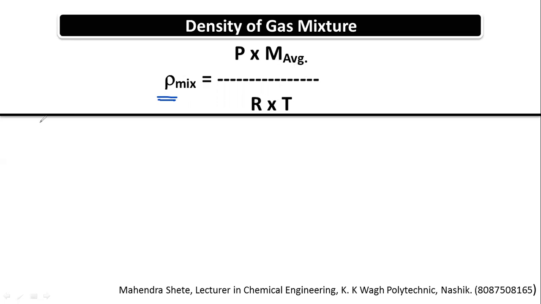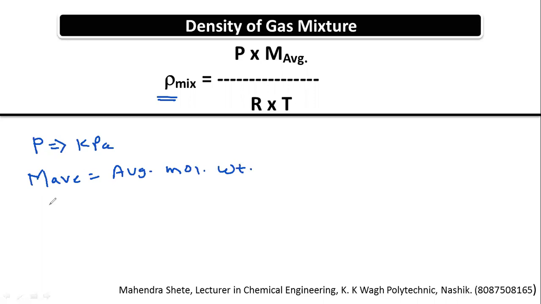The terms involved in this formula are, first, P, which means pressure in kilopascal at which the gaseous mixture is present. The second term is M average, the average molecular weight of the gas mixture.